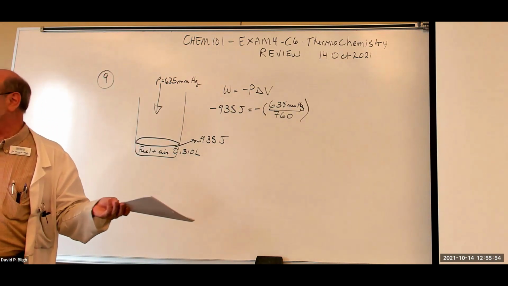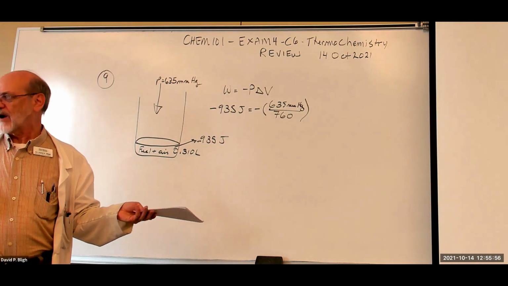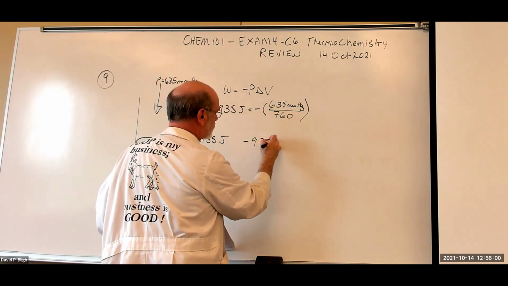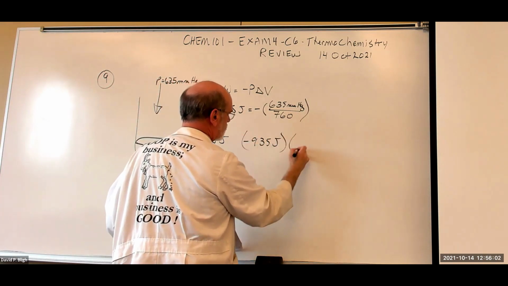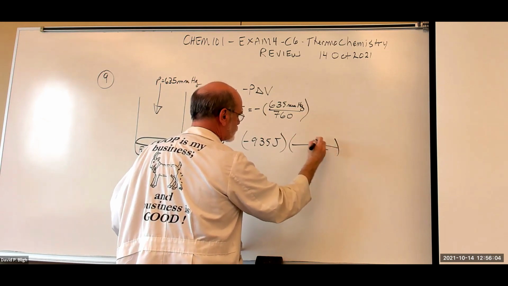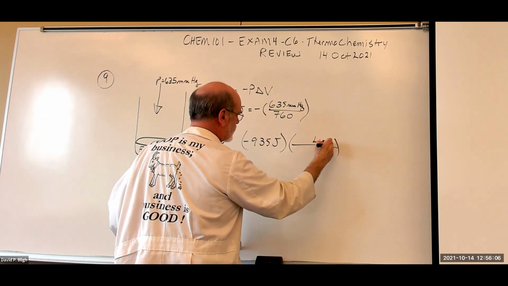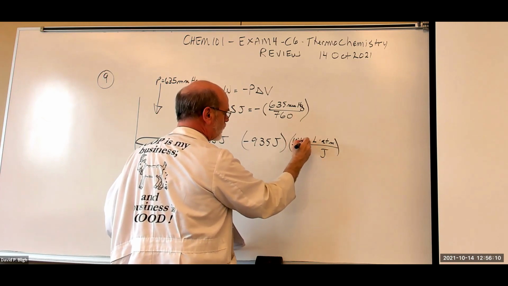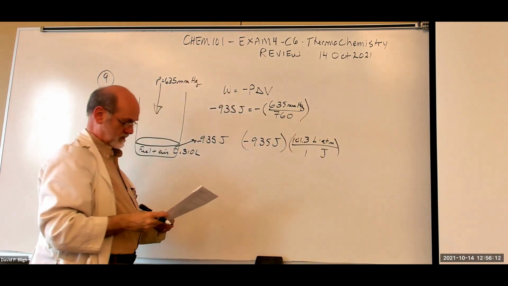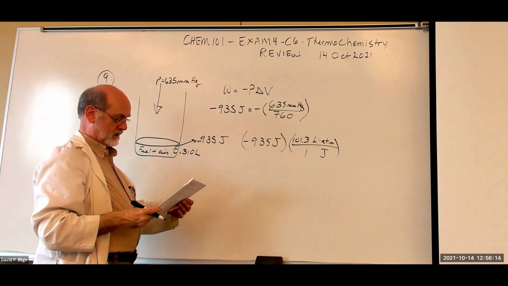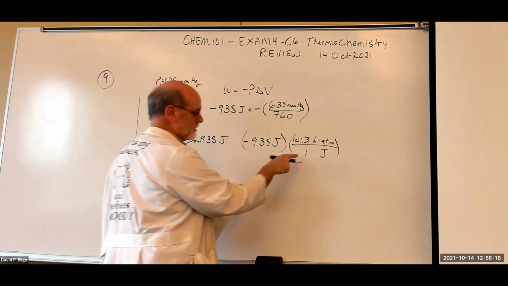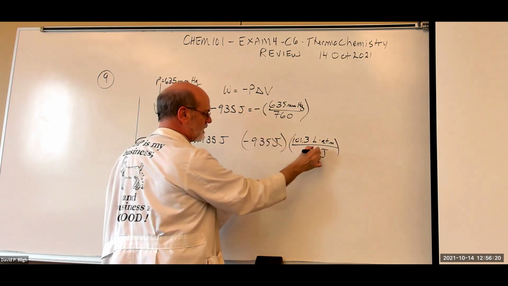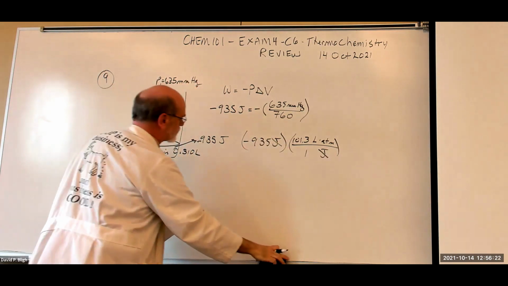We need to convert that to liter atmospheres. So minus 935 joules. You cancel joules and leave us with liter atmospheres. What was that? 101.3, wasn't it? Yeah. So 101.3 times 935 will give us liter atmospheres.